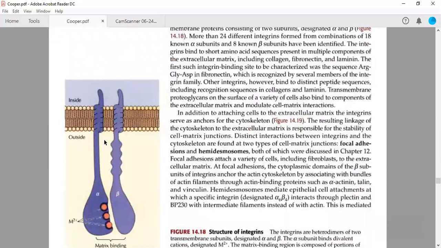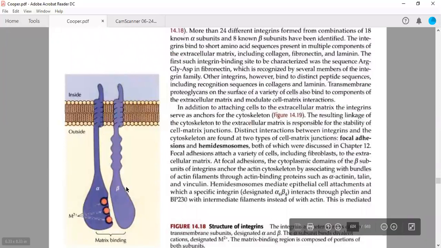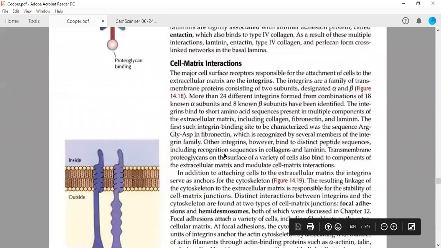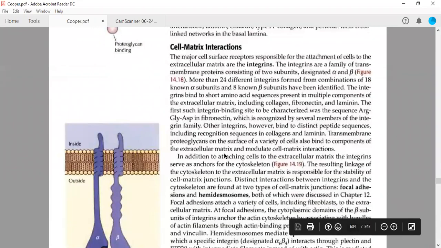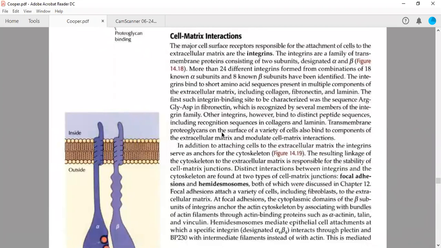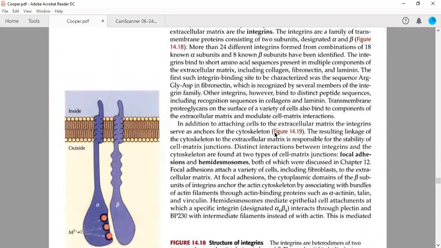Okay, so there are two types of integrins. One is alpha, one is beta. Alpha has binding sites for certain metal ions. So these integrins are important in cell matrix interactions. When the cell is interacting with the extracellular matrix, it will require these integrins, and these integrins are also involved in certain cell matrix junctions, and these cell matrix junctions are called focal adhesions or hemidesmosomes.